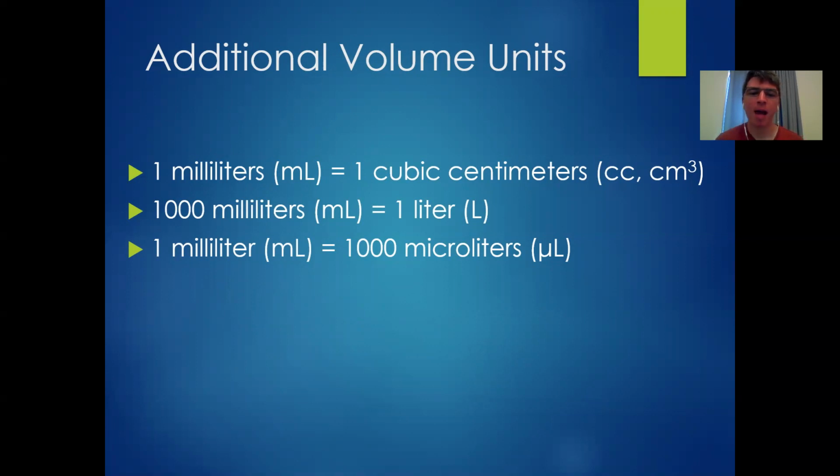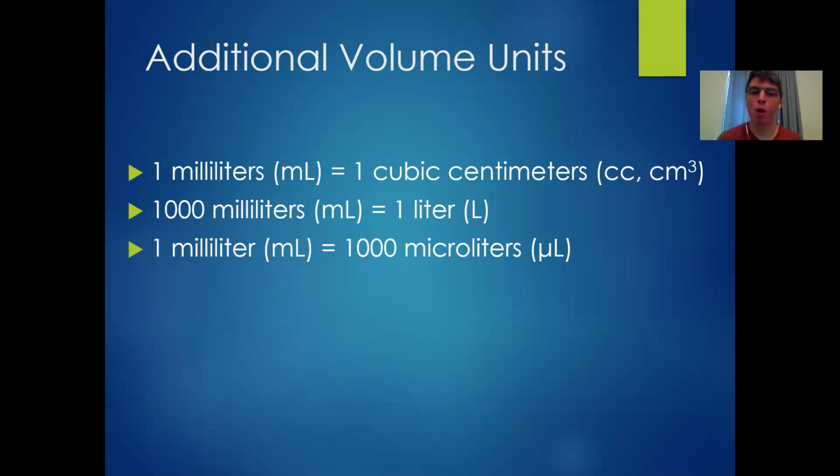Something I've always found interesting is that if we look back at the geometric formulas, we have length times width times height. So something in distance, say centimeters, times centimeters times centimeters gives us centimeters cubed. So there's a volume unit. But the displacement method is going to give us volumes in milliliters. So how do those relate?